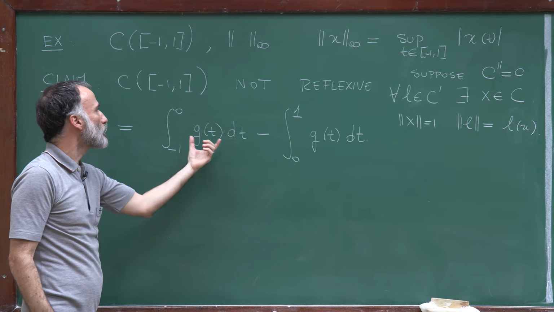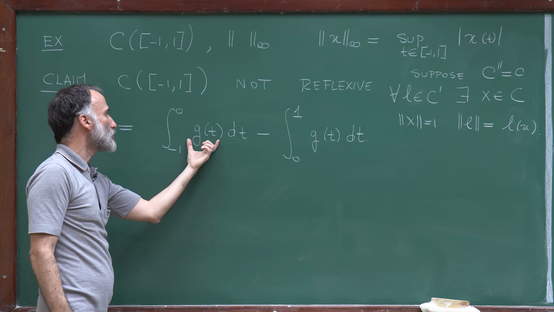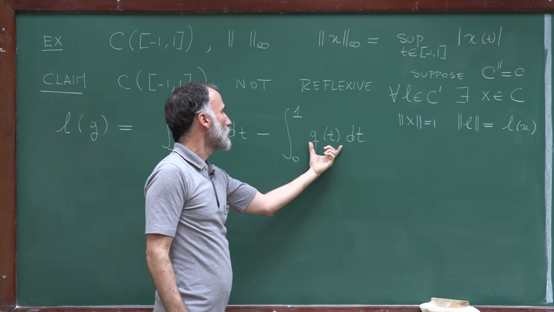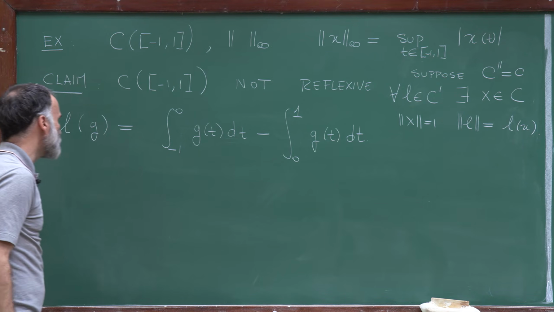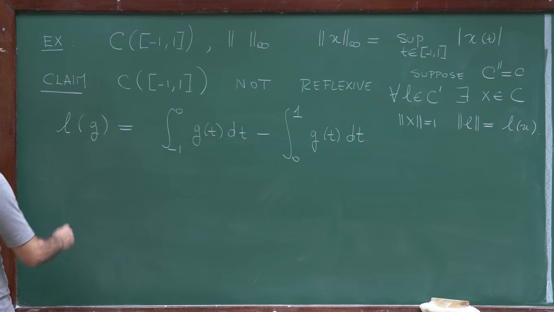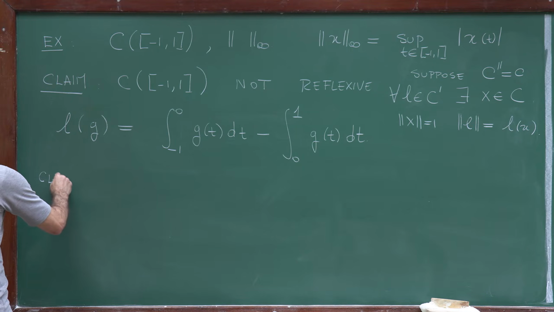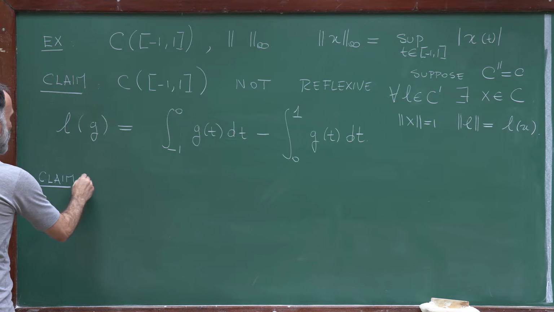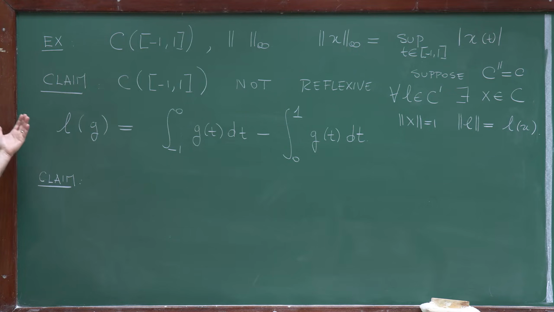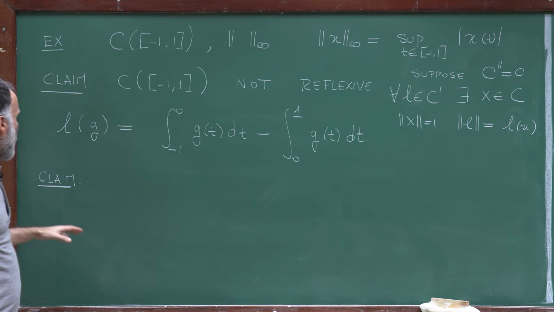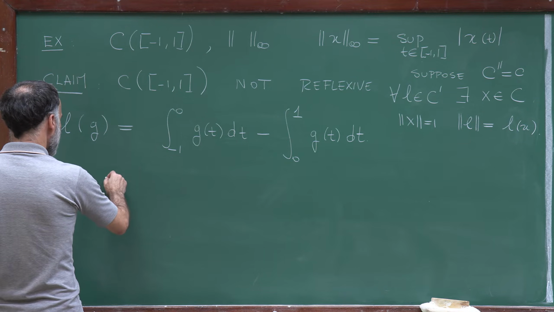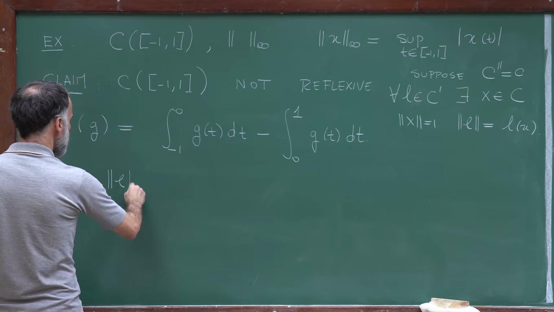You can estimate this by 1 times the infinity norm of g plus 1 times the infinity norm of g. It's clear that L is linear. So L is a bounded linear functional, and what I claim is that its norm is equal to 2.